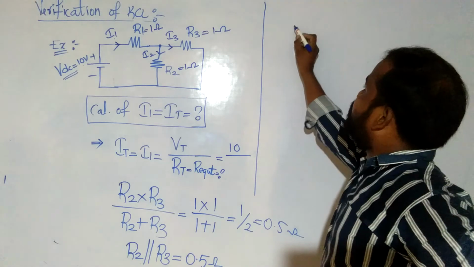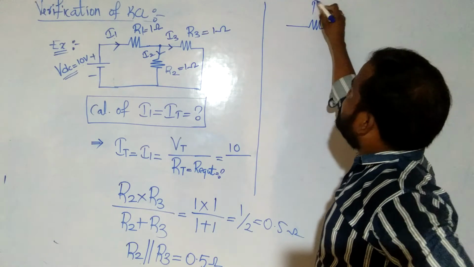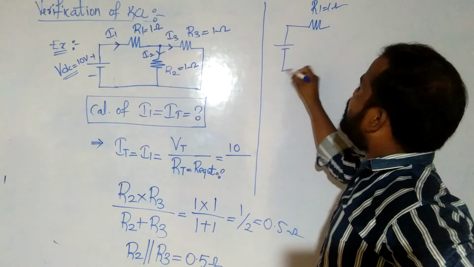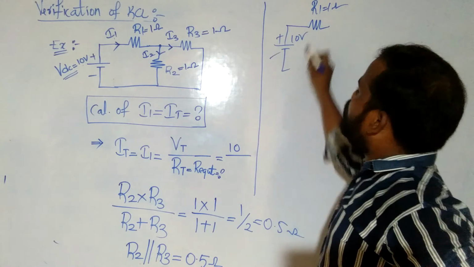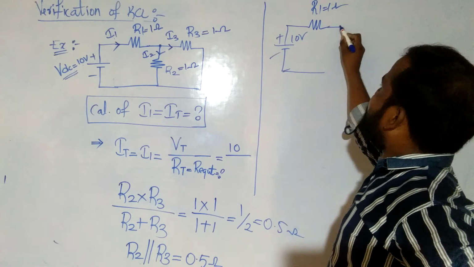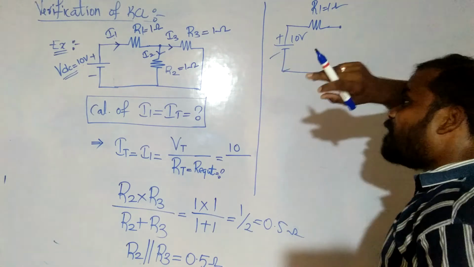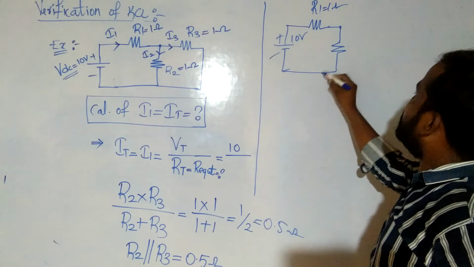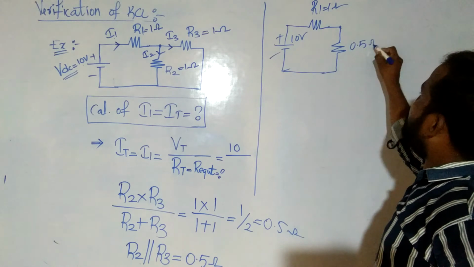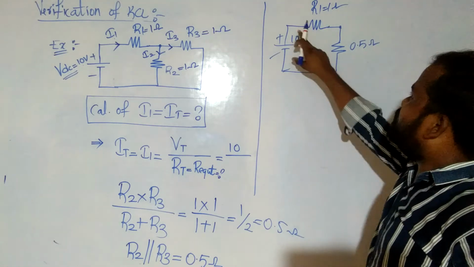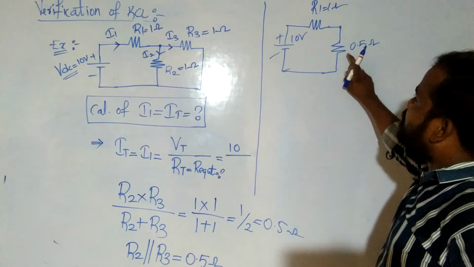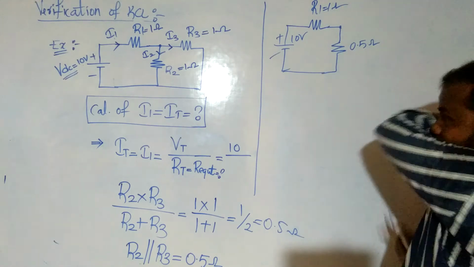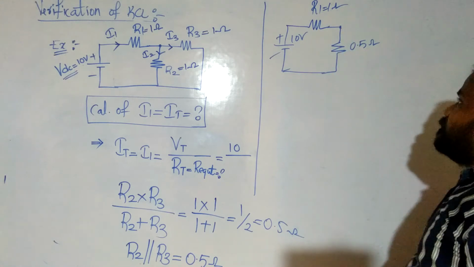So this R1 is equal to 1 ohm, 10 volts is applied, and here the parallel combination of R2 and R3 is 0.5. Now R1 and the parallel combination value of 0.5 are connected in series.